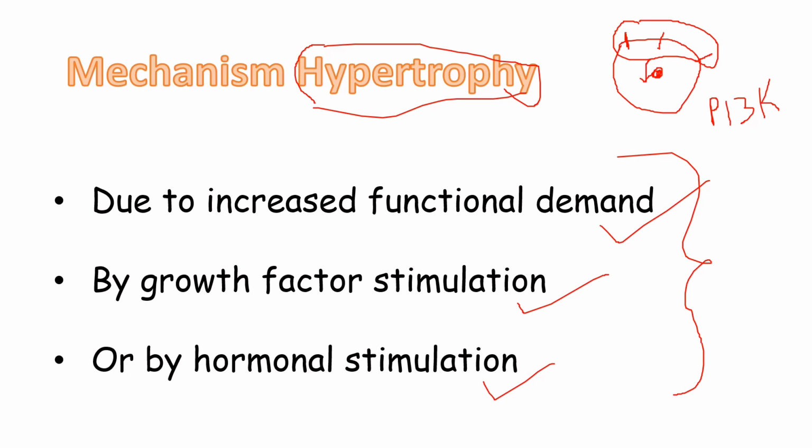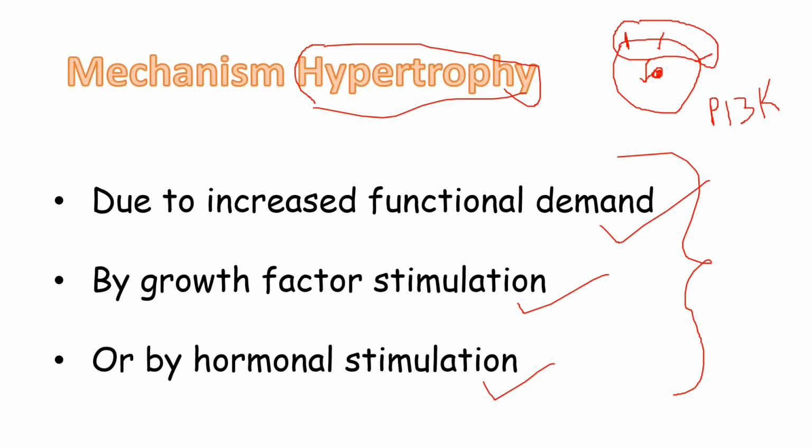A quick revision: we have three types of things, that is mechanical sensors, receptors for vasoactive agonists or hormones, and receptors for the growth factors. Once these three are bound, they are going to activate these two pathways, the PI3K AKT pathway, or the other pathway, the G protein coupled receptor pathway.